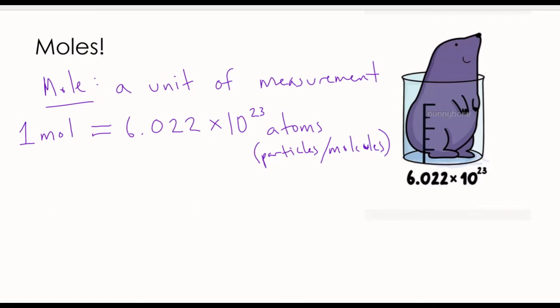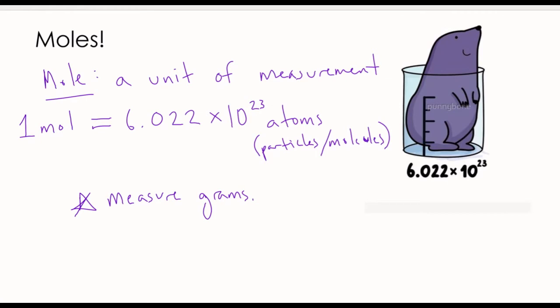This video is more in general about how we can measure these things. We can't measure atoms, but what we can measure is grams. The way the periodic table is set up is so that the grams on the periodic table will equal 1 mole.